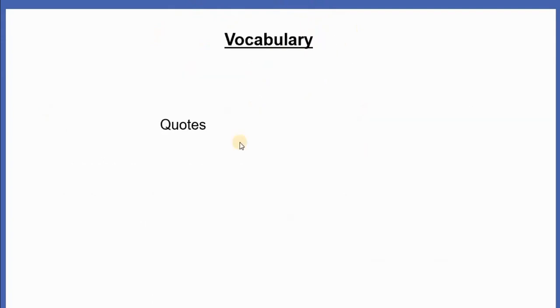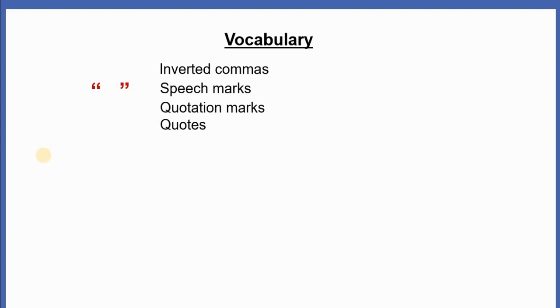Vocabulary. So what are these? Well, we've already seen they are called inverted commas. They are inverted commas, but there are some other words for them. They are also called speech marks or quotation marks or simply quotes.